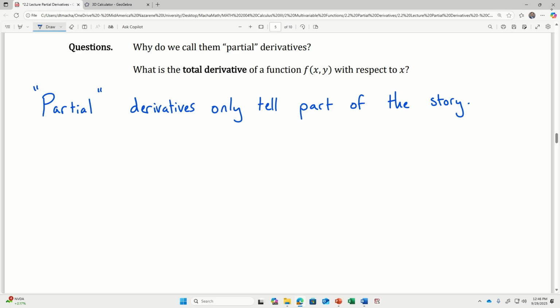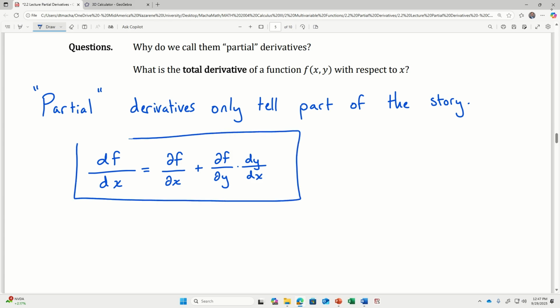If I wanted to take a total derivative of a function f with respect to x, where I notice I'm using the little lowercase d's to indicate this is the total derivative, this is going to be the partial derivative of f with respect to x plus the partial derivative of f with respect to y times the total derivative of y with respect to x.